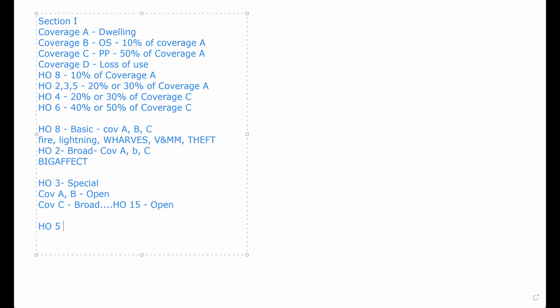So you have an HO5 here, which is called your comprehensive policy. And that means that your Coverages A, B, and C are all open perils automatically. And then your HO4, which is your renter's policy, and your HO6, which is your condo policy, we're only talking about Coverage C here because, again, with a renter, you don't own a dwelling or other structures.